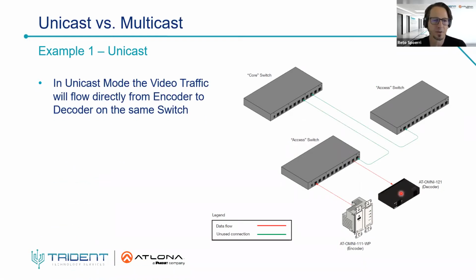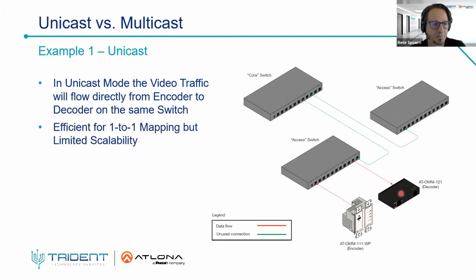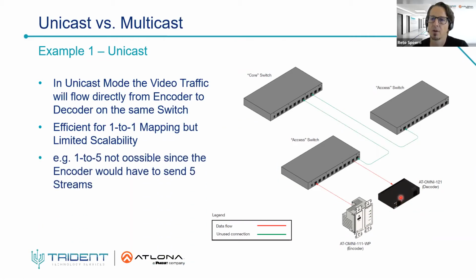So this is the characteristic of Unicast. The traffic, the video traffic or any kind of traffic, always flows directly from encoder to decoder. This is very efficient for one-to-one mapping, but has limited scalability. What do I mean with scalability? If you have one encoder and one decoder, this is a one-to-one. But if you have one encoder and 5 decoders, this is a 1-to-5 mapping.